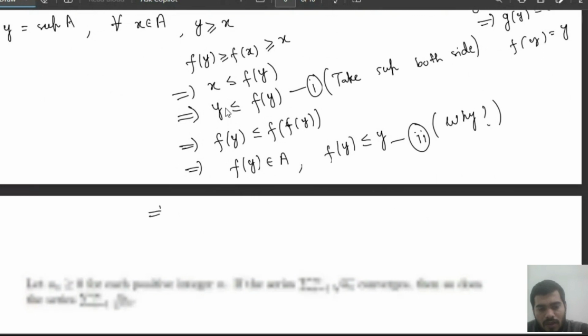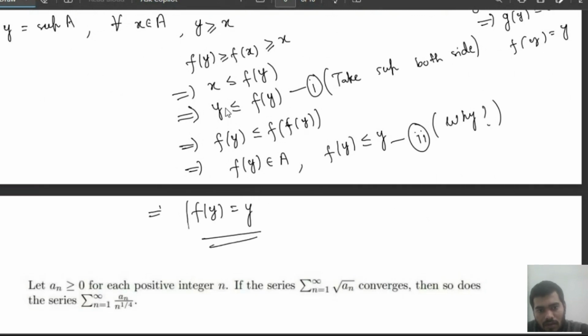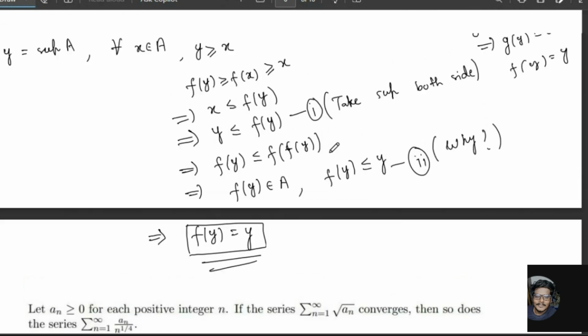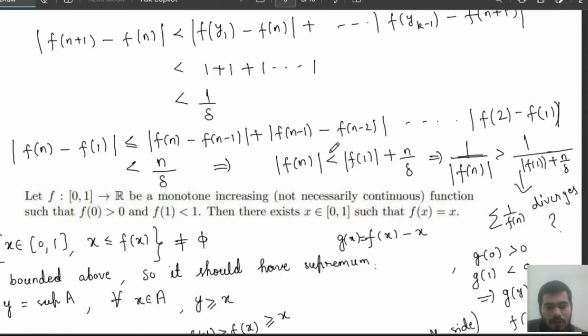This implies f(bi) equals bi. We are done. Using 1 and 2, can I write f(bi) equals bi? Yes, sir. Of course. So this is true, right?